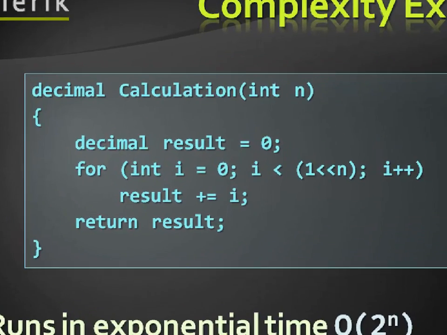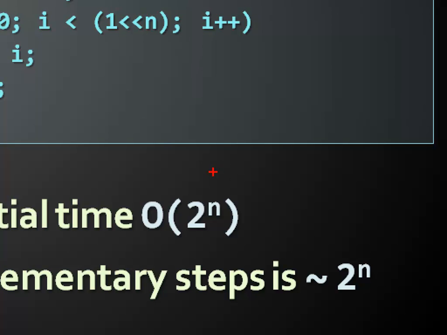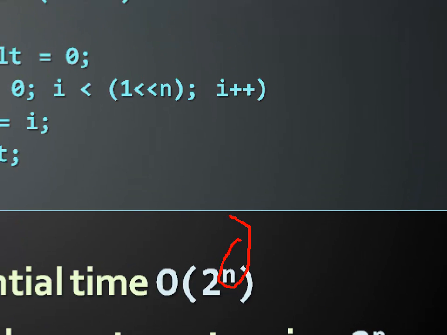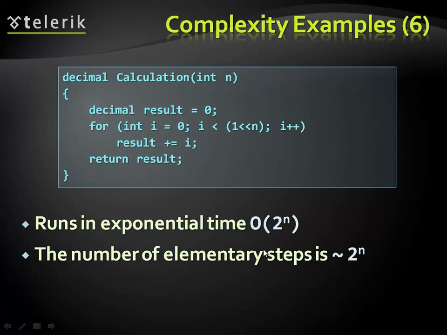So, this thing runs in exponential time, and the larger n becomes, the more and more operations you have to do. The increase in operations will be larger than in linear and quadratic cases. So you try to stay away from exponential stuff.